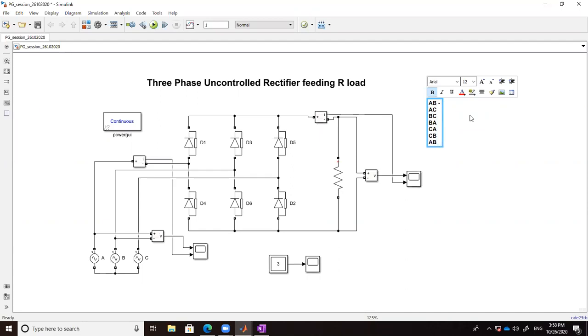And here 6 and 1 will conduct, 1 and 2 will conduct, 2 and 3 will conduct, 3 and 4 will conduct, 4 and 5, 5 and 6, 6 and 1.